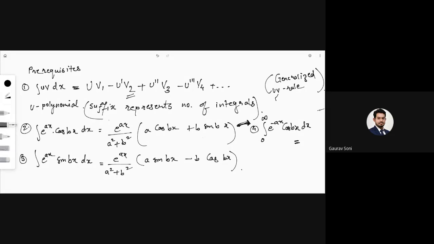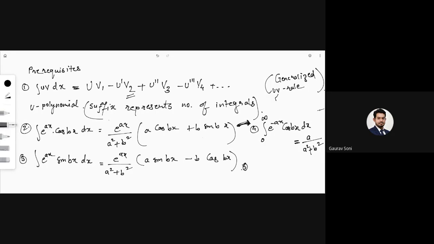Okay, anyway, take it as homework. I'll write down the answer. The answer is a upon a square plus b square.